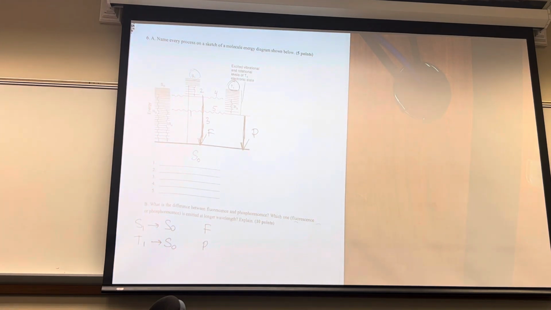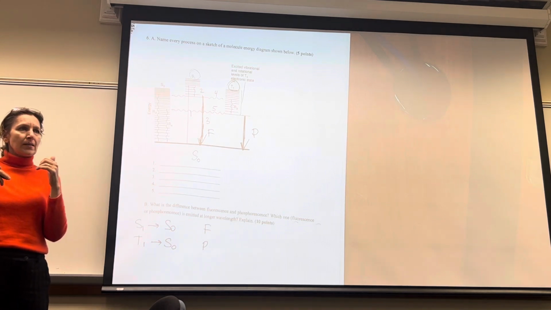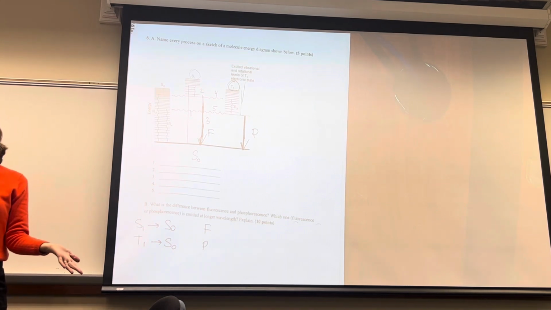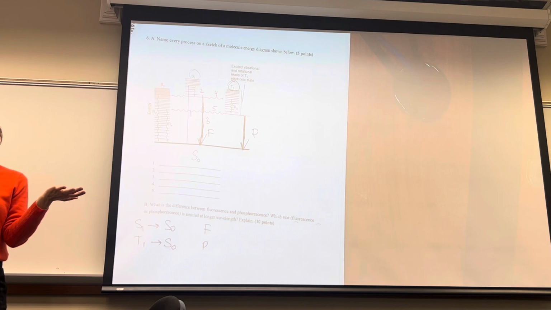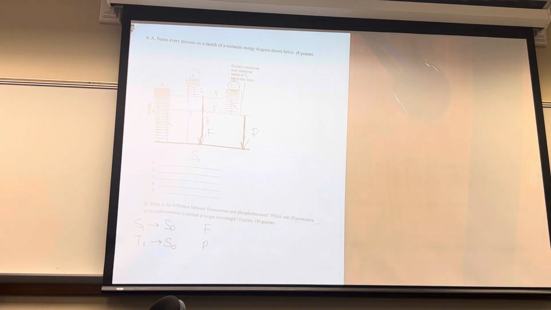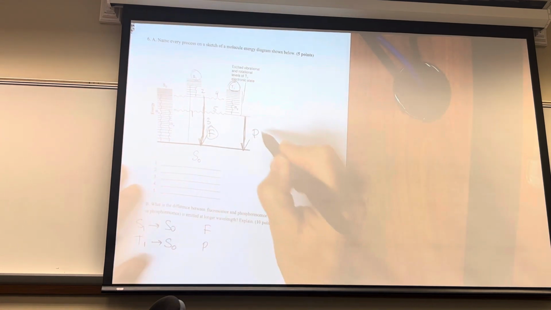Which one is emitted at longer wavelength? So these two are emission processes. That's it. We don't have any other emission processes where photons are actually emitted. All other stuff is whenever energy is lost and the environment is heated, but photons are not emitted. But which one will have longer wavelength? Fluorescence or phosphorescence?